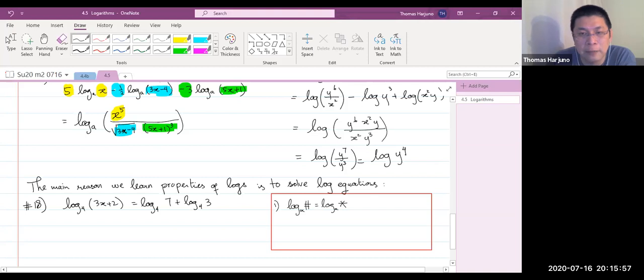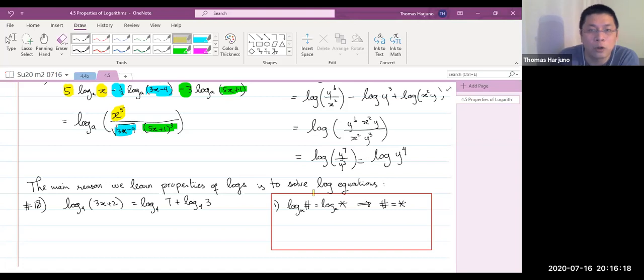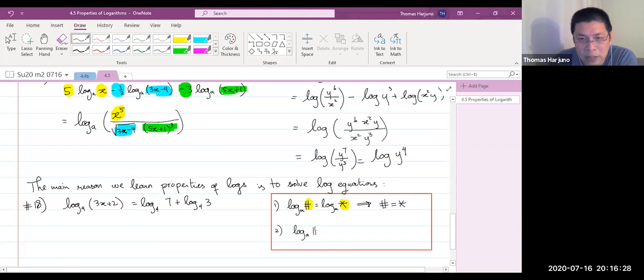If you have the same base and a single log on the left and a single log on the right, then by one-to-oneness we solve blah equals blade. Of course, in your final answer, you need to check the domain, making sure that the solution will not make the blah or blade negative. Second, another possibility is you have log only on one side and the other side without log.